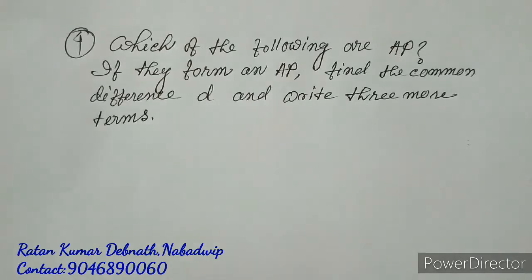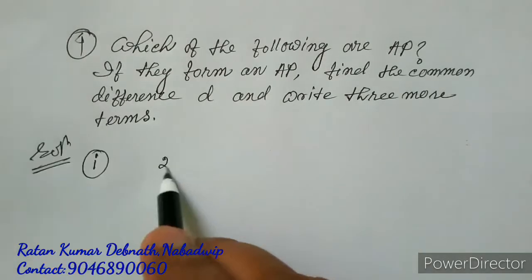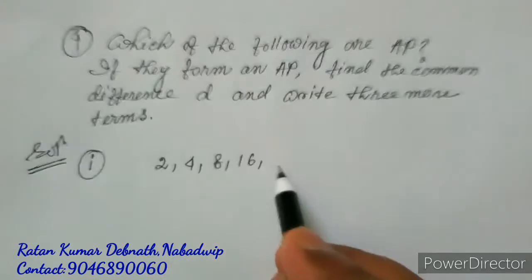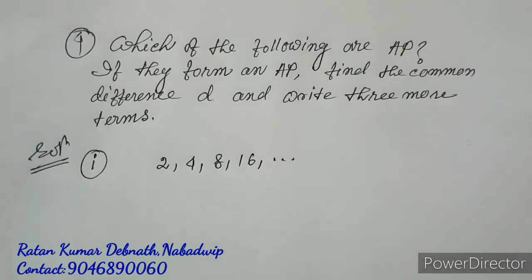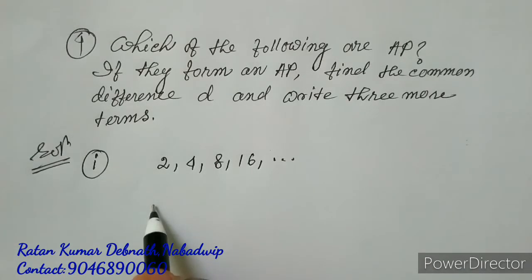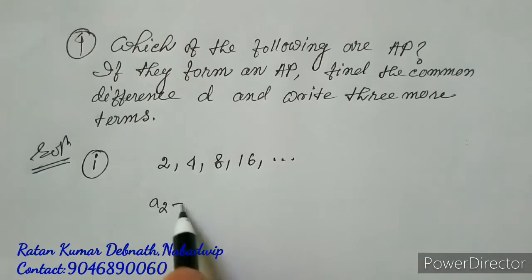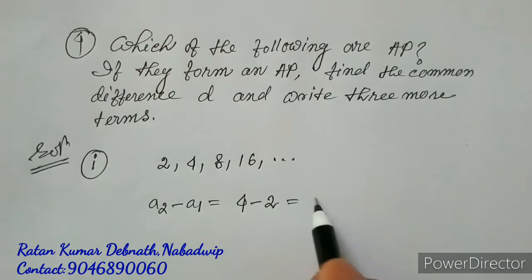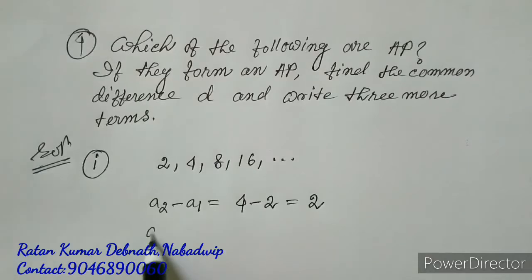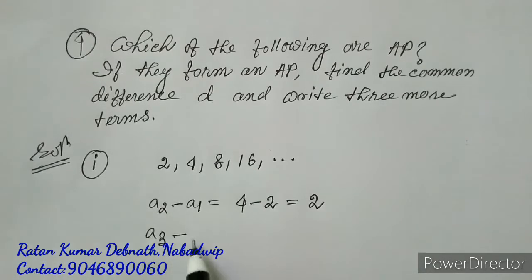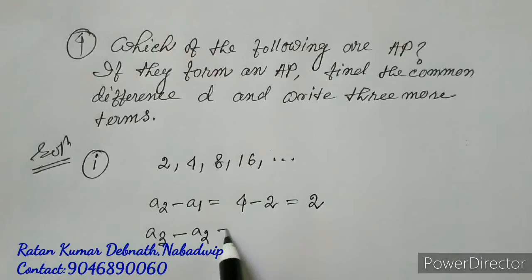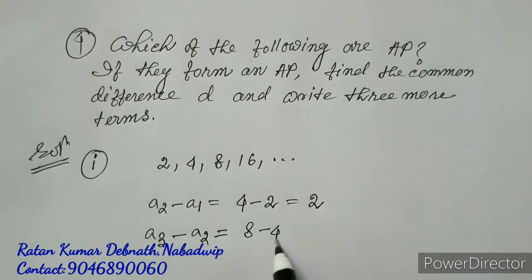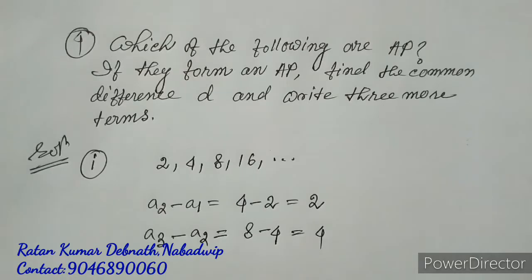Question number 1 of 4: 1, 2, 4, 8, 16, etc. Here a2 minus a1 equals 4 minus 2 equals 2. a3 minus a2, that is third term minus second term, 8 minus 4 equals 4.